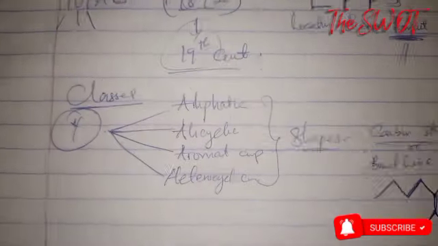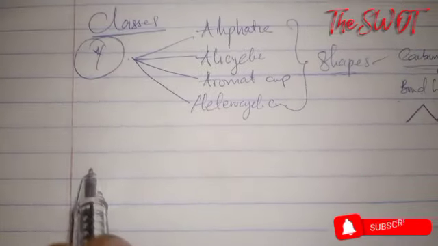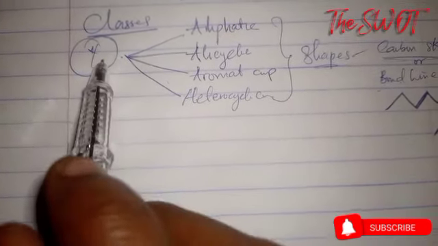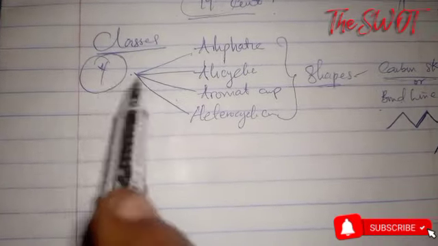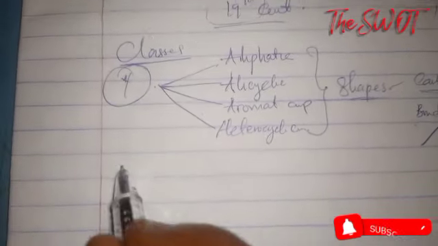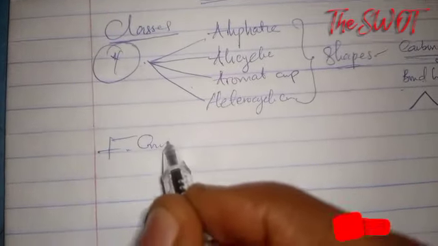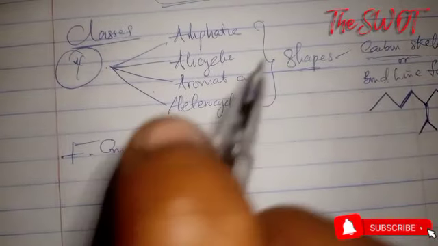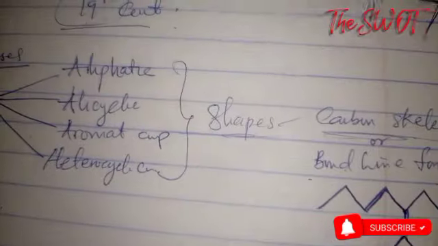Another is based on functional groups. This classification by shape is just four, but based on the functional group they are many. Functional groups actually give the physical properties and chemical properties of hydrocarbons.